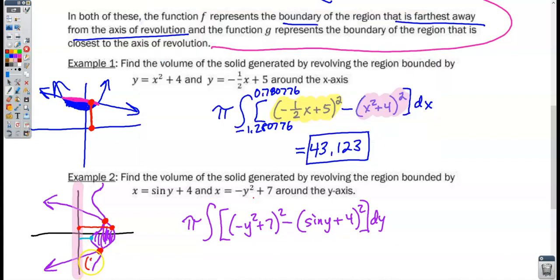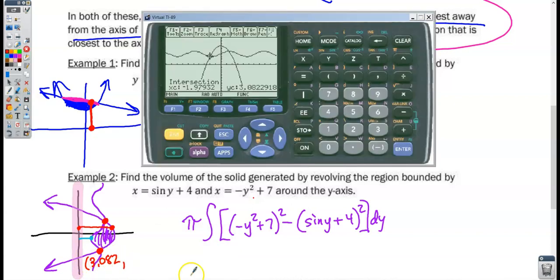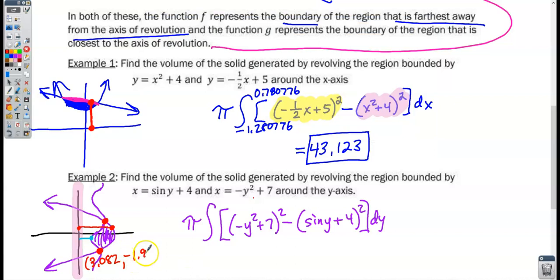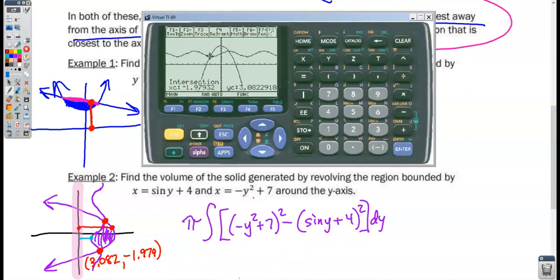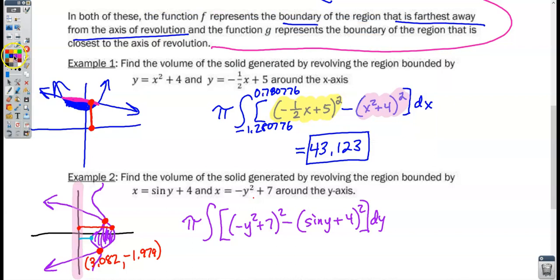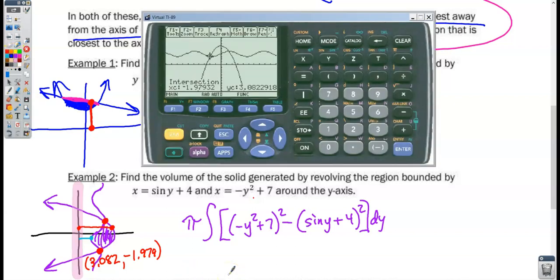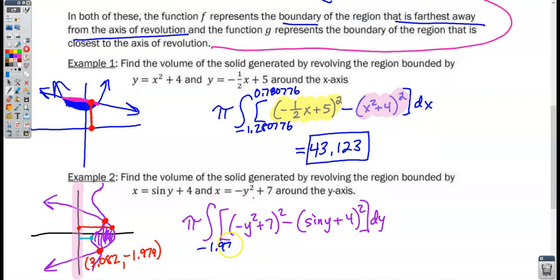So this would be 3.082, comma, negative 1.979. And we want the y coordinate of this point as our lower limit of integration, since we're integrating with respect to y. So negative 1.97932 is going to be my lower limit of integration.